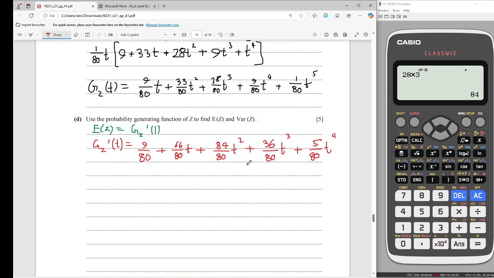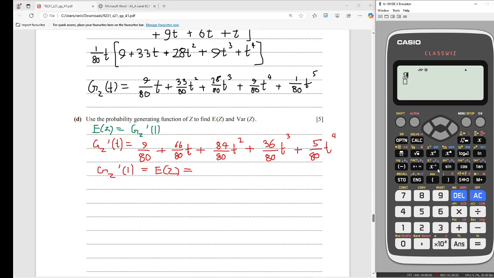Okay, now we just need to plug in t equals to 1. When you plug in t equals to 1, we are just adding up the coefficients, because 1, 1 squared, 1 cubed, it's just still going to be adding up the coefficients. So let's put in this here as G_z dash 1, which is equal to E(z), the expected value of z, which is equal to 9 by 80 plus 66 over 80, or you could just factorize 1 by 80 out of this entire equation and do it, which would be much easier.